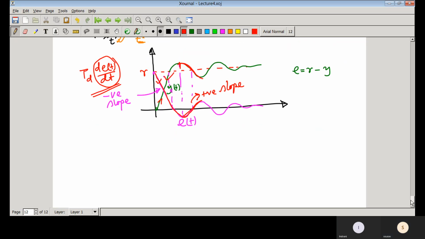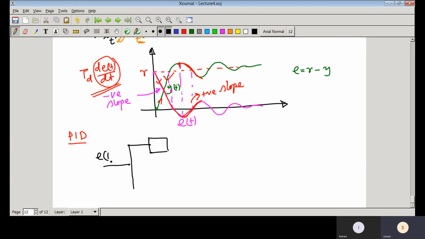So in industry and everywhere, what we do, we use PID control, that means proportional, integral and derivative. So let me draw the diagram here.